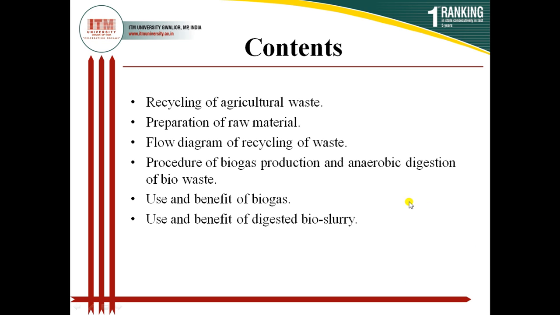How these two will be utilized, the benefits of biogas and how the biogas is utilized will be discussed in this lecture. The remaining part, that is digested bioslurry, and its use will also be discussed in this lecture.